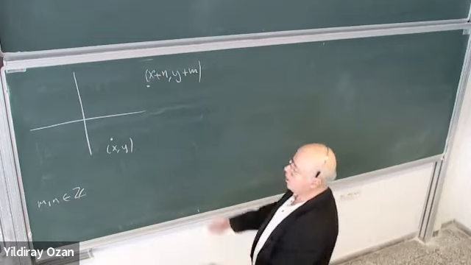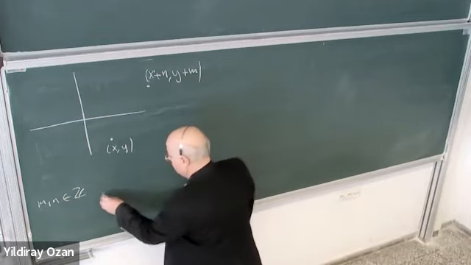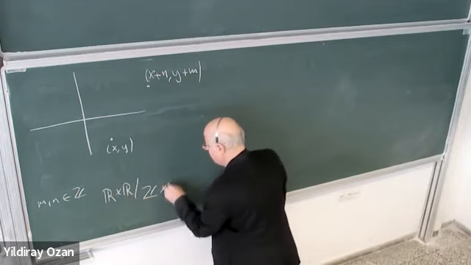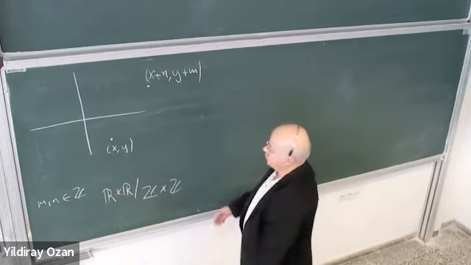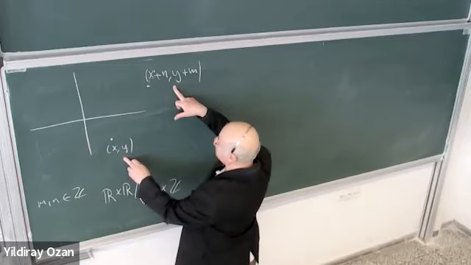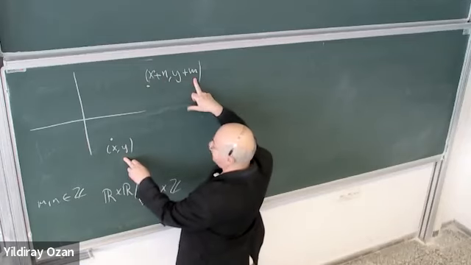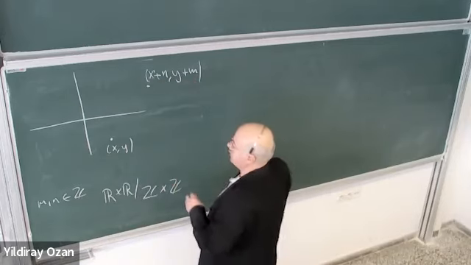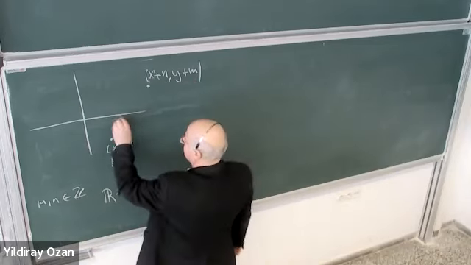So I want to draw the picture of the quotient, right? This point is identified with this one for any m and n. What is the quotient space? Well, what we see is this.